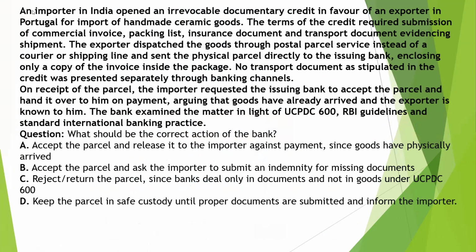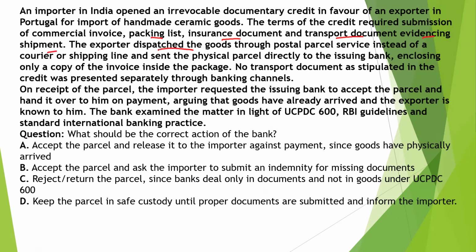So here is our first question. An importer in India opened an irrevocable documentary credit. So documentary credit is nothing but another name for LC, letter of credit, in favor of an exporter in Portugal for import of handmade ceramic goods. The terms of the credit required submission of commercial invoice and packing list, insurance document, and transport document evidencing shipment.